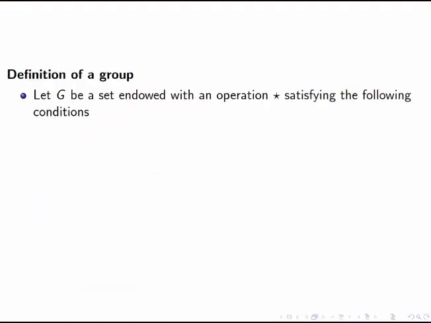Now let G be a set which we endow with an operation which we denote by star. We'll assume that this structure, this pair which consists of G and star, satisfies the following properties. So this is closure: G is closed under star.